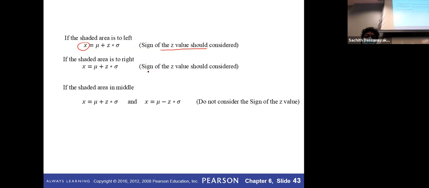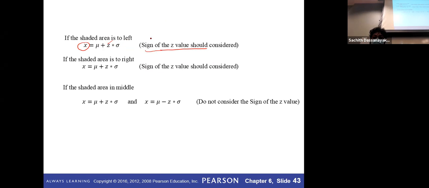I think last time I forgot to tell you, when you are considering the C value right here, it can be positive or negative, right? But in this case, once you need to calculate x, please consider the C value as positive always. Don't consider the sign.